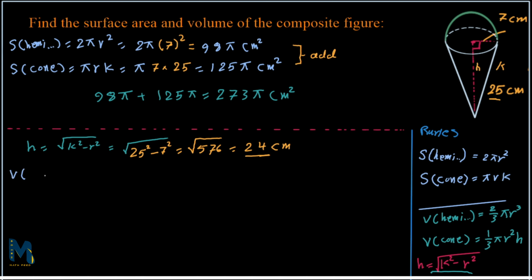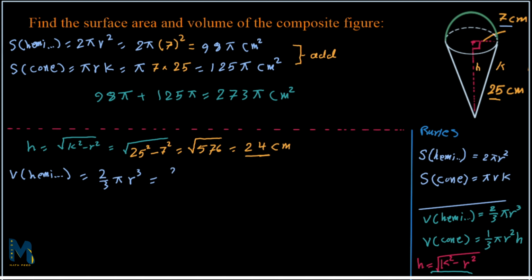Volume of a hemisphere. For a hemisphere we have 2 over 3 pi r to the power 3, or 2 over 3 pi r cube. Just substitute for radius, because in here we just have a radius which is missing. Our radius is 7.